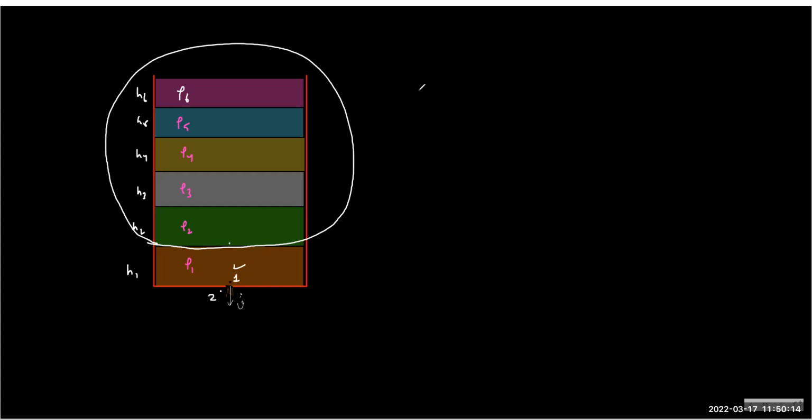So at one, the net pressure is how much? PATM plus summation of rho i Hi from i equals 1 to n, whole into g, minus PATM, that's the outside, and this equals half rho1 V1 square.